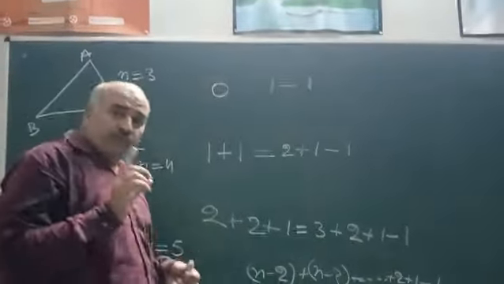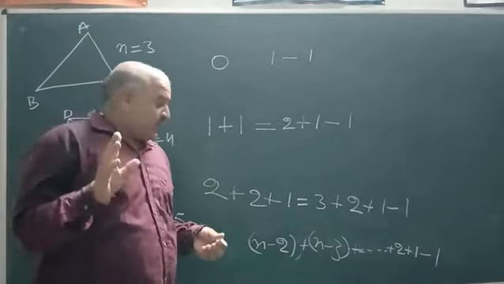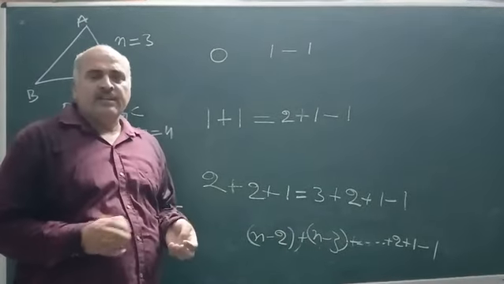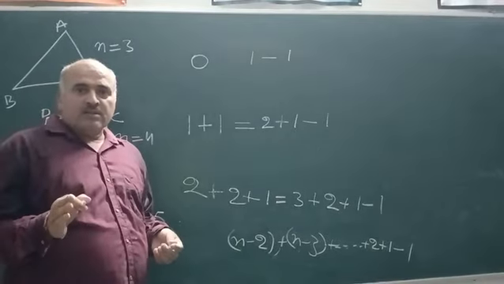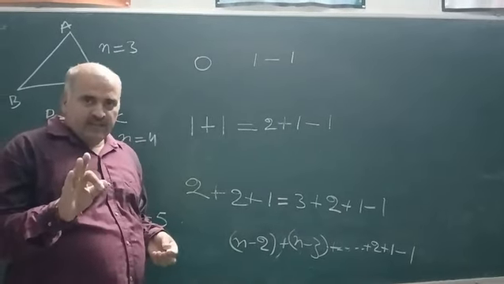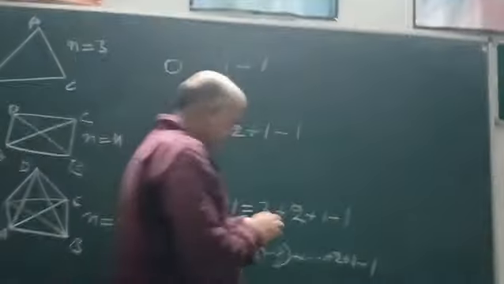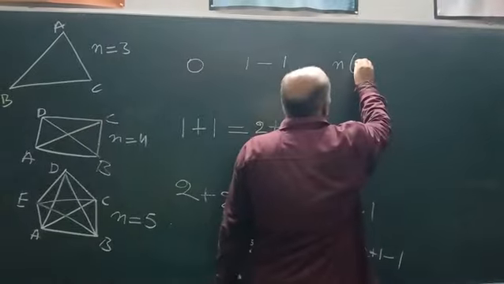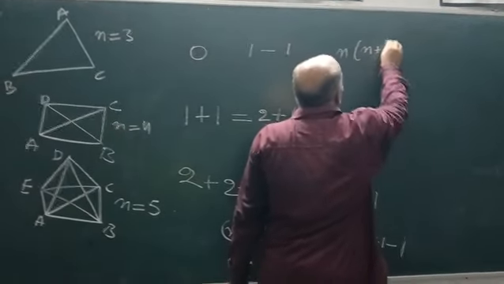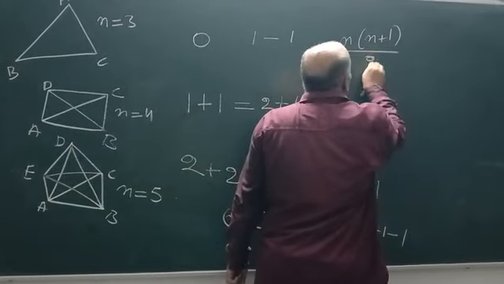Now, as we know, to find the sum of natural numbers up to n, we have a formula, and that is n into n plus 1 whole upon 2.